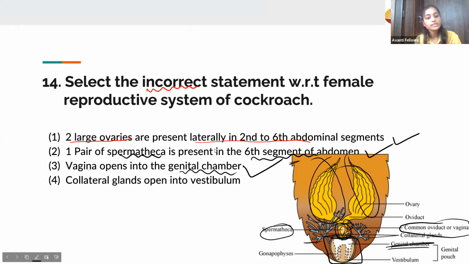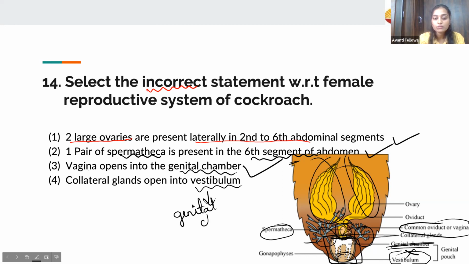The fourth statement says that collateral glands open into the vestibulum. The down part you're seeing is the vestibulum, but the collateral glands are over here, and they open into the genital chamber, but not into the vestibulum.